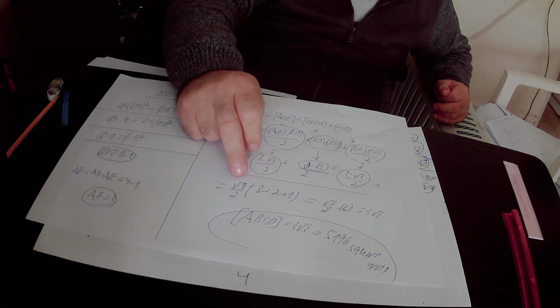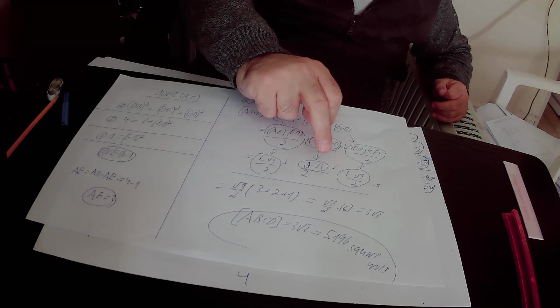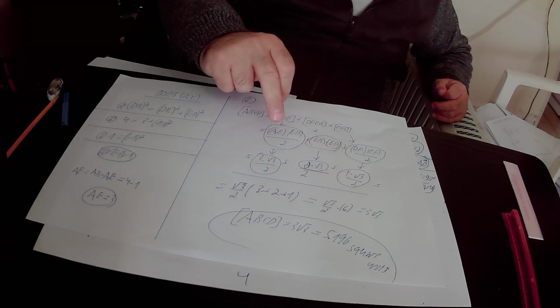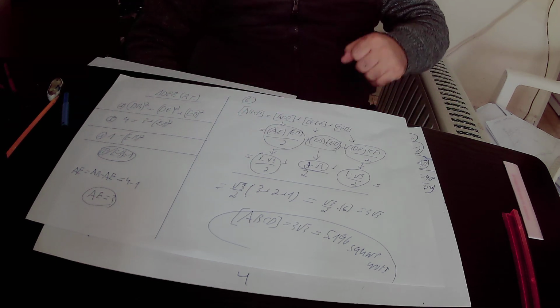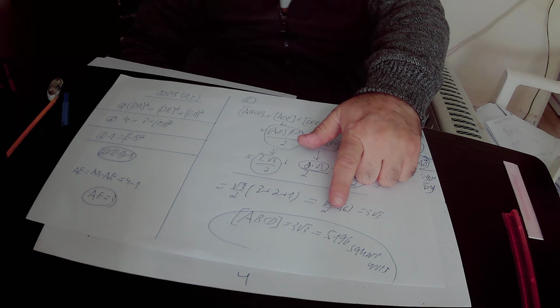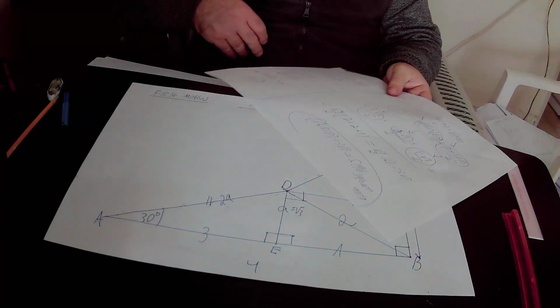So square root of 3 over 2 times 3 plus 2 is 5, 5 plus 1 is 6, and 6 over 2 is 3. So in conclusion, we found that the area of quadrilateral ABCD equals 3 times square root of 3 square units, or in terms of numbers it equals 5.196 square units. We finished with the first method.